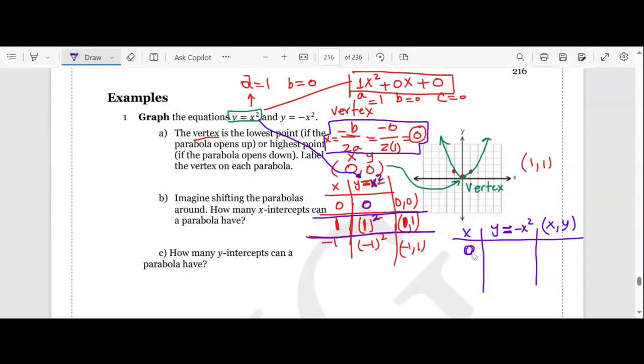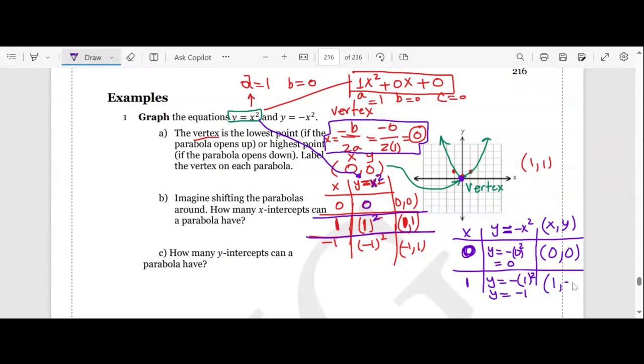How can we solve this one? We put x as 0. How much is y? Which is equal how much? 0, right? So this point is 0, 0. So you have another point here. Next one. x is 1. How much is y? Negative 1.